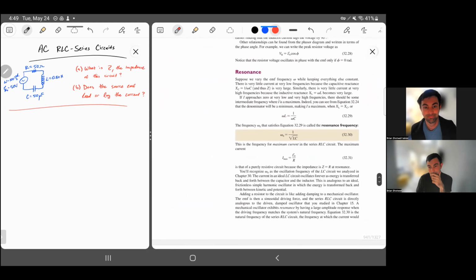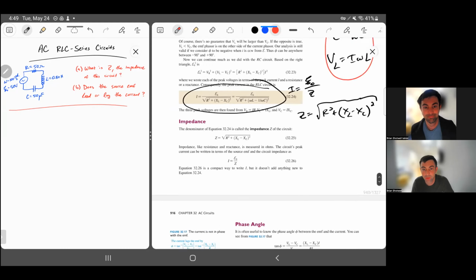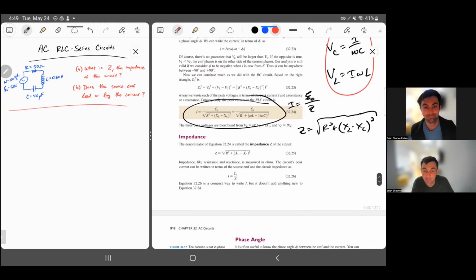The last thing is called resonance. You'll notice that the impedance is a function of frequency. Right here, the impedance is a function of frequency because those X_L and X_C values depend on frequency. Resistance is independent of frequency, so that's not going to affect it.